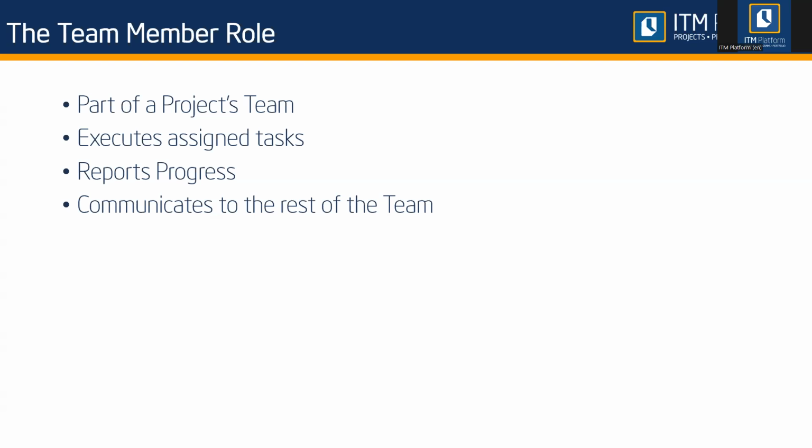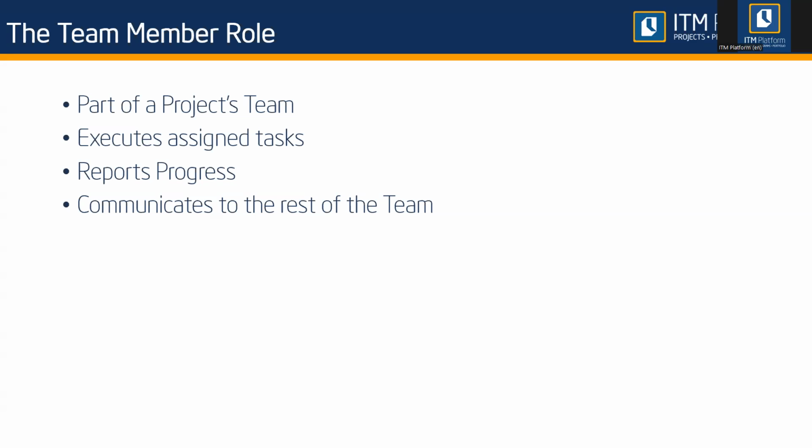Now, the actual execution of a task happens outside our system, okay? However, the team member is also responsible for reporting progress on that task, okay? We will get deeper into this concept of reporting progress in a few minutes, but be mindful of that.